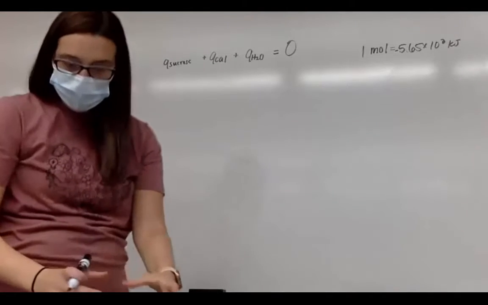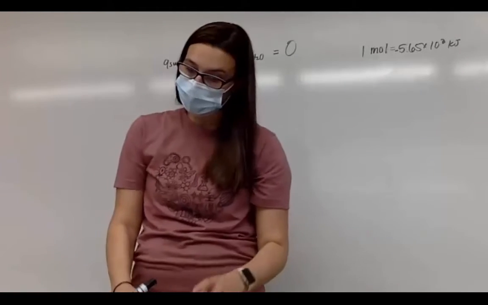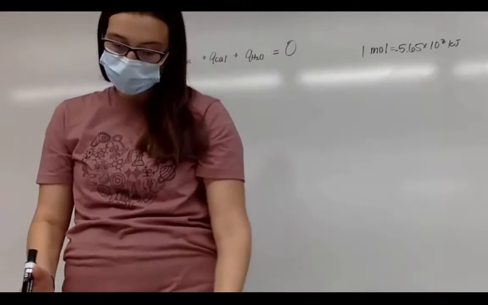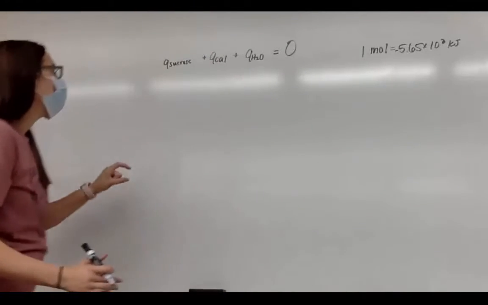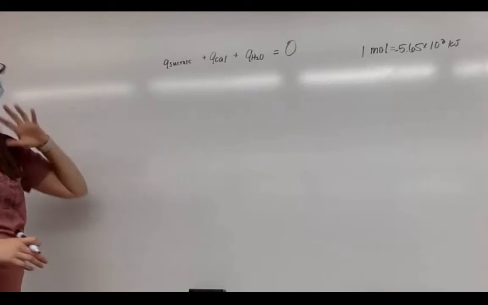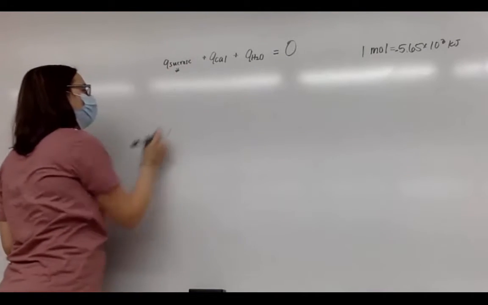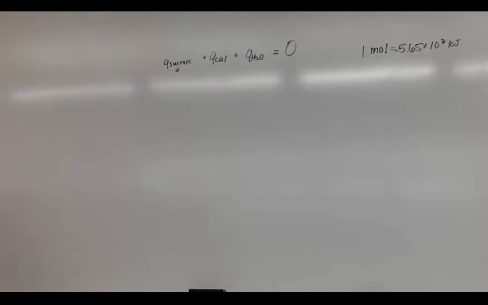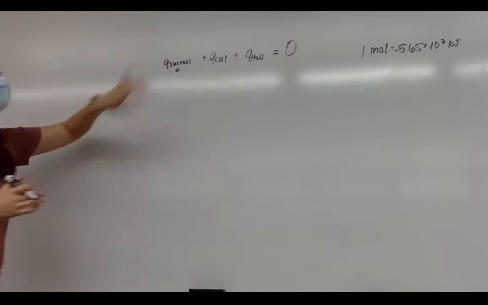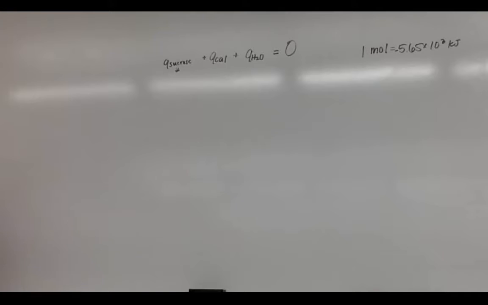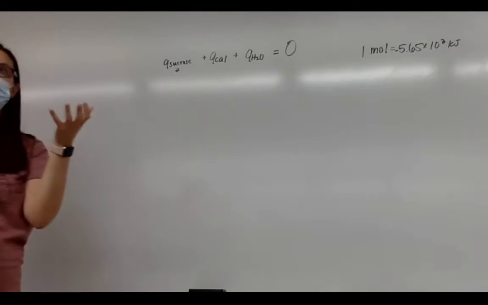Now this is a little bit more of an advanced calorimetry problem even than what we were looking at yesterday because it wants us to calculate grams. Now to start, before I worry about how many grams need to be burned, I want to figure out how much heat this sucrose is producing.